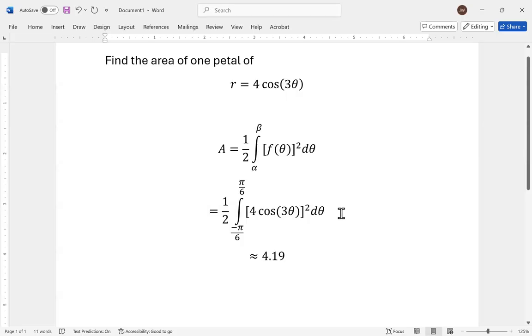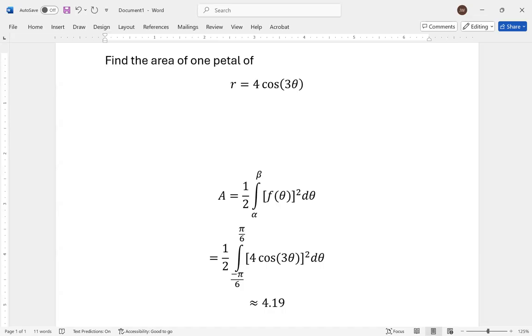But if you're having a hard time doing that, you can also do this by hand and figure out what theta values will work. In this case, I said it was easiest to see the start and end of a single rose petal if r is 0. In other words, if we were at the origin.